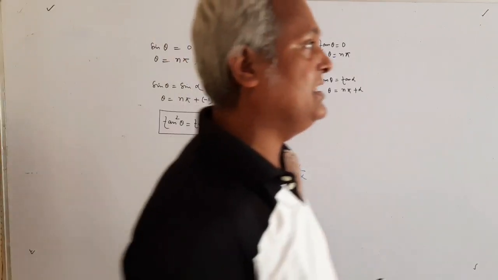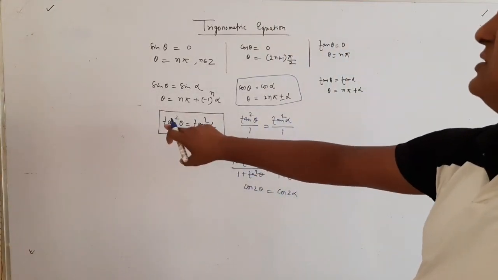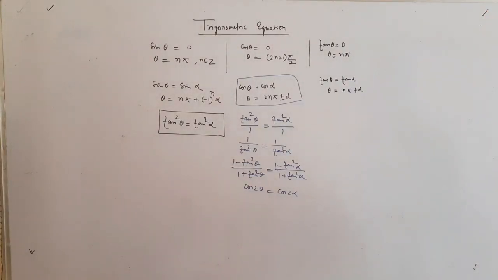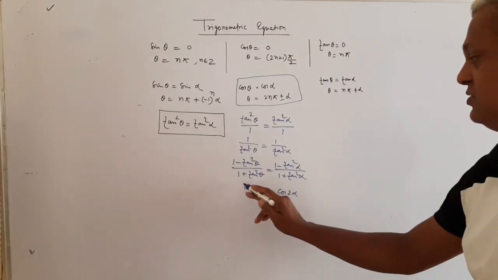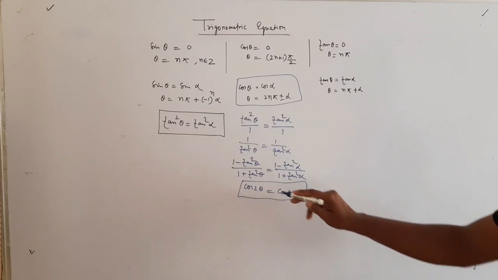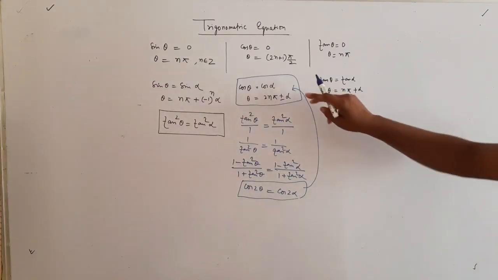So in all these three forms, sin square theta equals sin square alpha, cos square theta equals cos square alpha, and here tan square theta is tan square alpha, we eventually get to this term, and this term is just in this form.